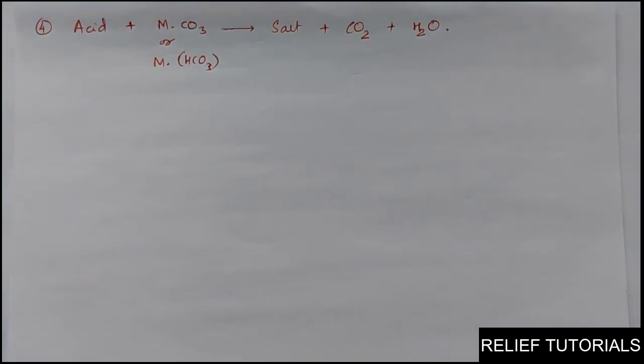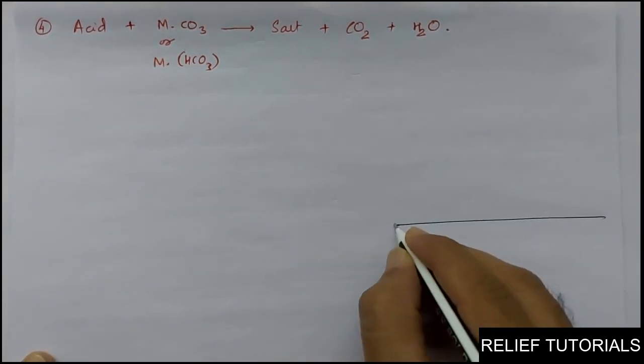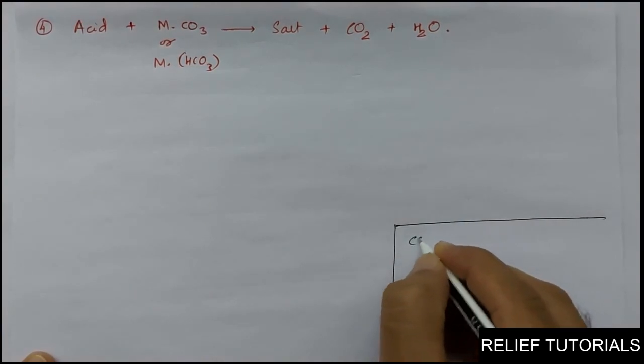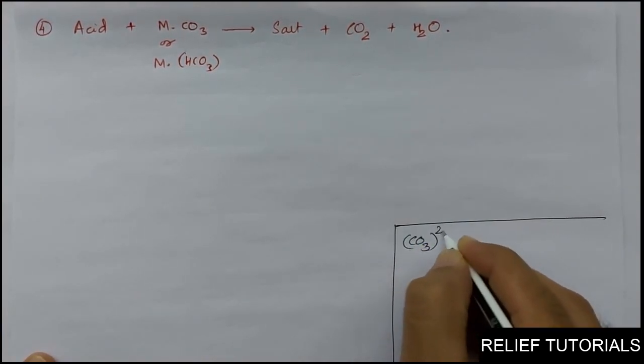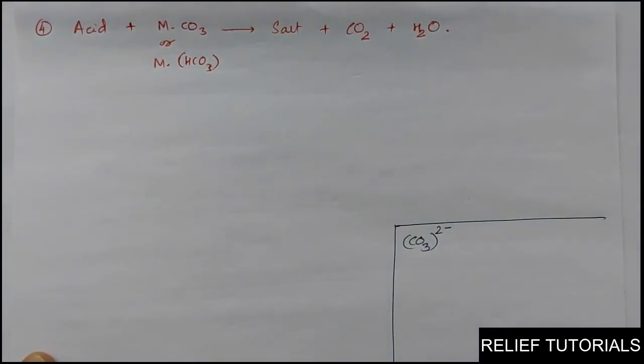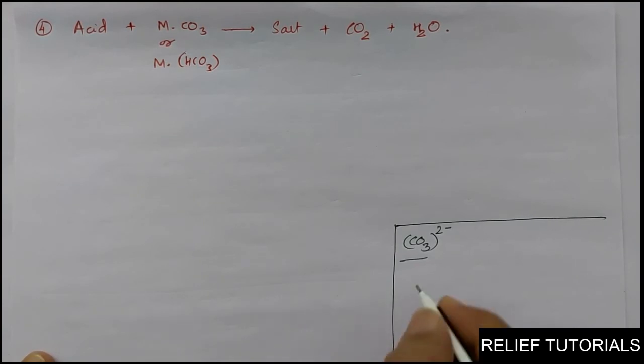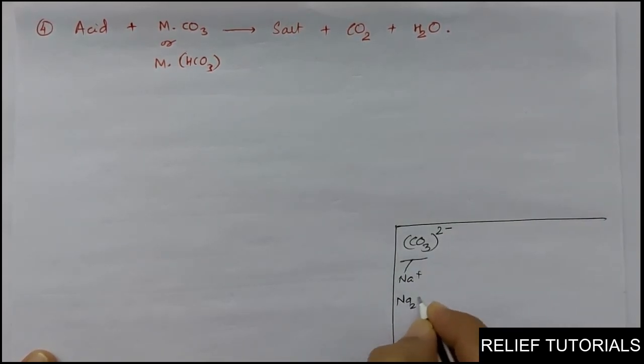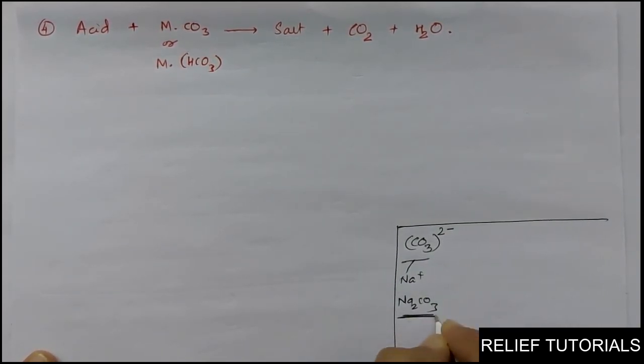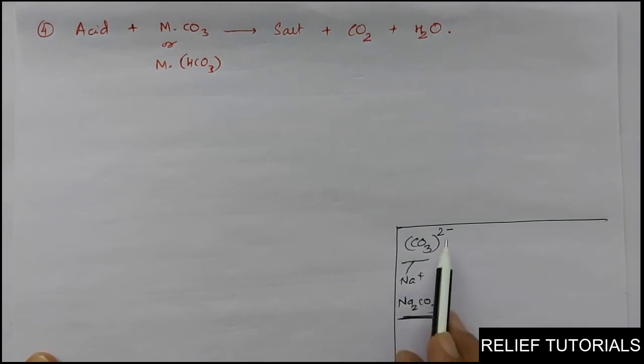When acid reacts with metallic carbonate or metallic bicarbonate, first of all, what are these carbonates and bicarbonates? See, carbonate ion is CO3 2 minus. Now when any one of the metals reacts with this carbonate, let us say when Na plus reacts with this, it forms Na2CO3, sodium carbonate, because it is 1 plus and 2 minus.